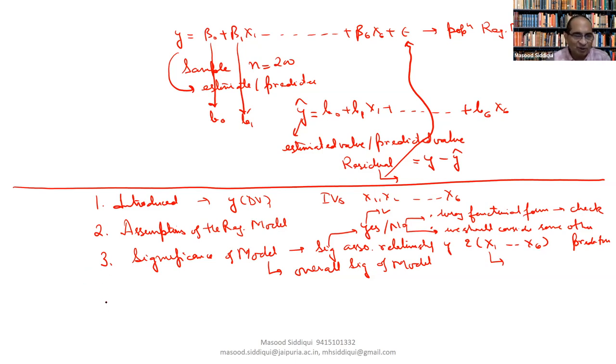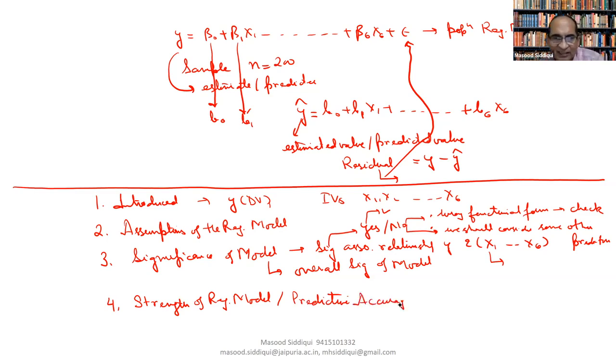Suppose this model comes out to be significant. Then we move to examining the strength of the regression model. The fourth step would be the strength of the regression model. Why is strength being examined? To check whether it has high predictive accuracy or not. So far, these two things are related to the overall model.